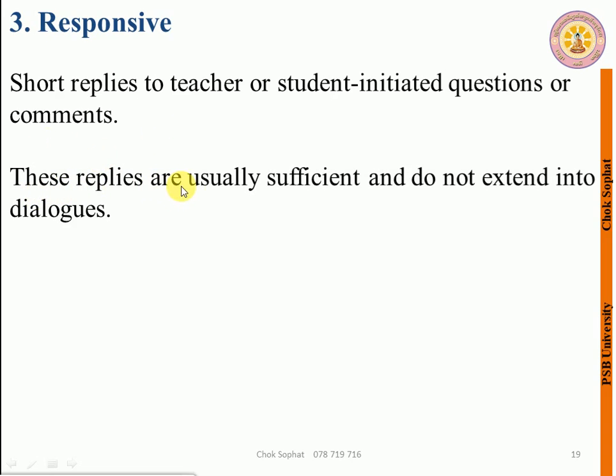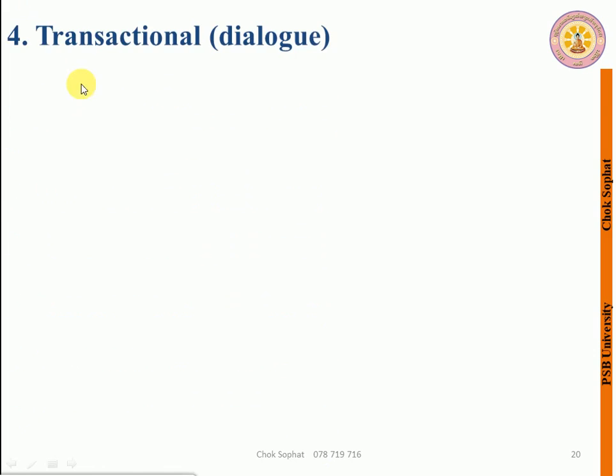Okay, this reply is usually sufficient and does not extend into dialogue. This is just the student replying to what the teacher asks. It's not in the form of dialogue. This is also classroom speaking performance.